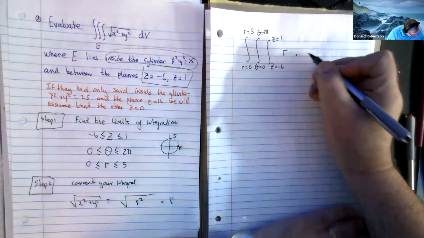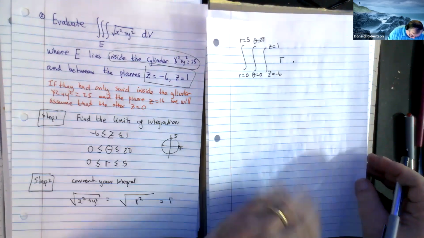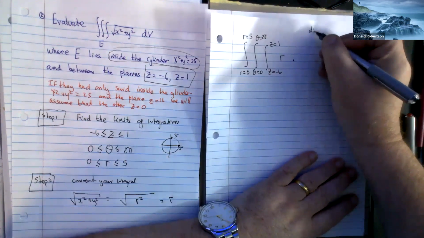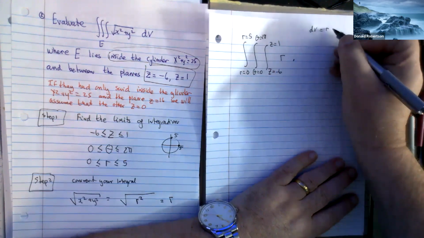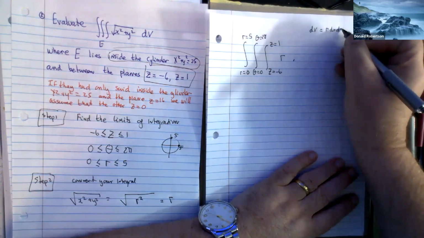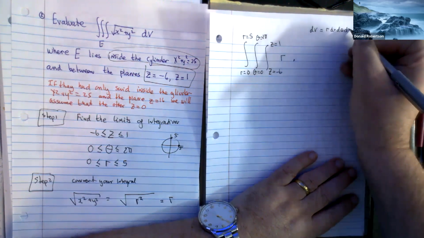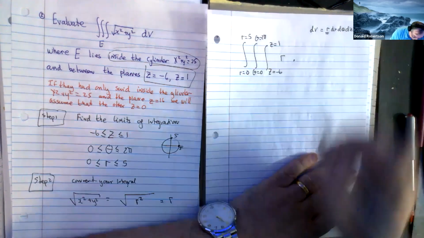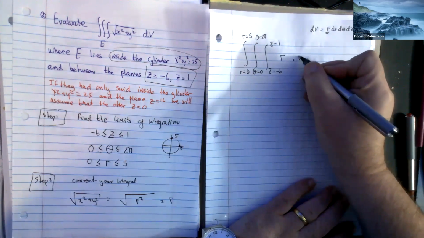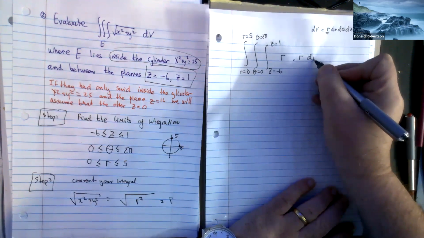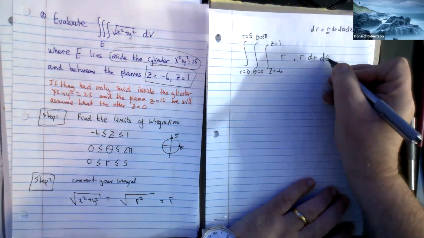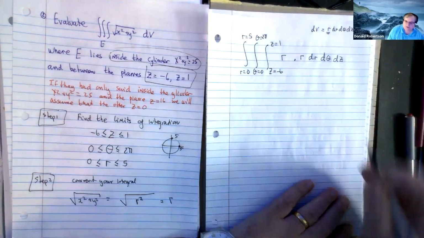And then the dv, in case we've forgotten, gets replaced, in any order you like, but that r is important. So times an r, a dr, a d theta, and a dz.